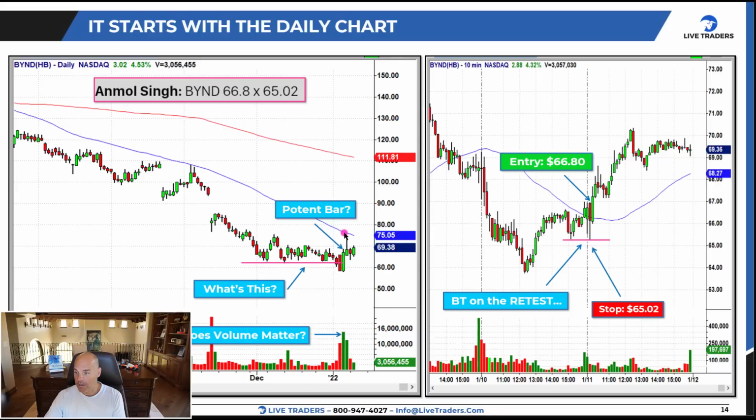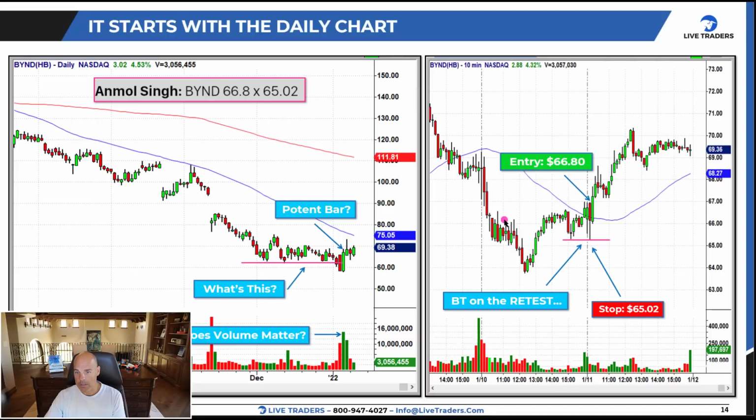Okay, so then let's go break this down, trying to figure out what in the world Unmol is thinking. Unmol says BYND 66.80 by 65.02. So he drills down to a 10-minute chart. You can see what happened to this stock.